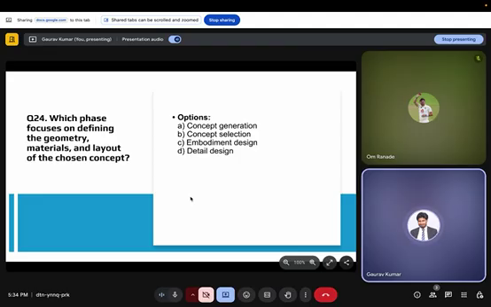So in this stage, designers validate the spatial relationships, structural integrity and manufacturability, and it is the convergence point where aesthetic intent meets functional necessity, ensuring design coherence across subsystems. Okay.